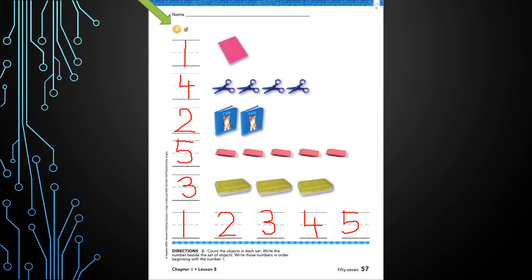Then what comes after 3? 4. And in the end, we write here number 5. Now remember, this is the counting order. 1, 2, 3, 4, 5 is the counting order. Remember this all the time so that we can learn more and more about bigger numbers as well.